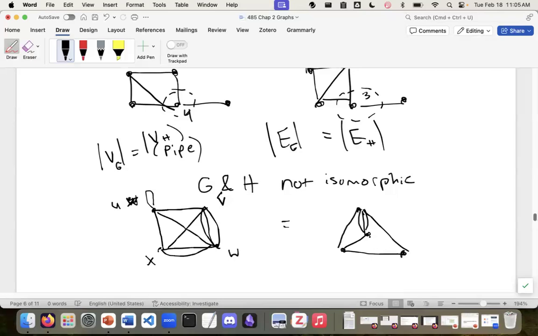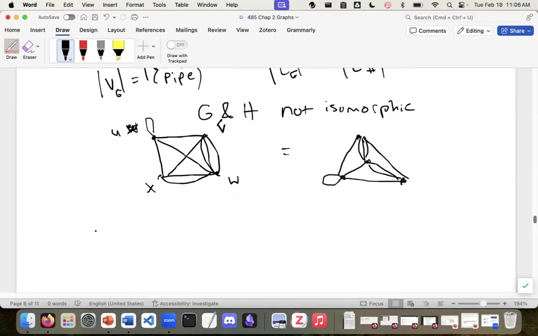Okay, so we ended up moving W to the middle. Right, so we've ditched the labels, moved things around. They're still isomorphic.